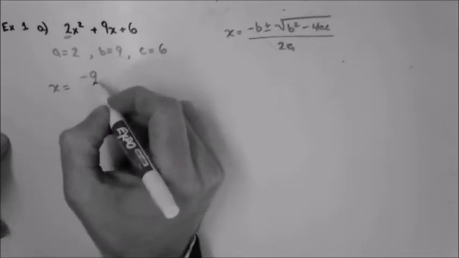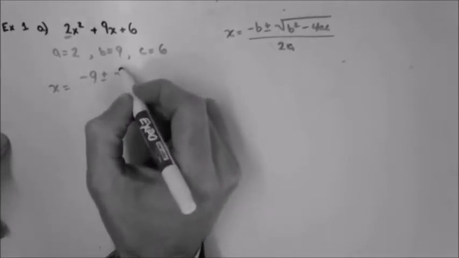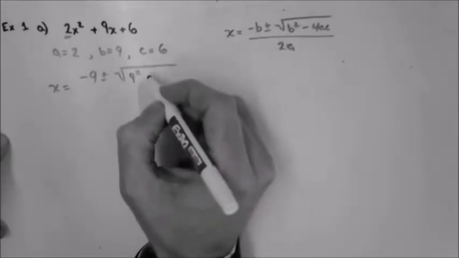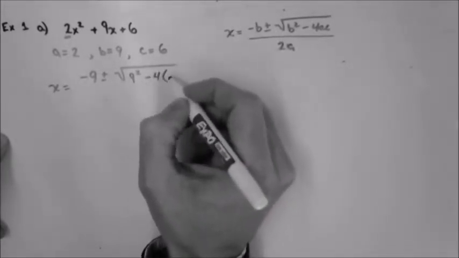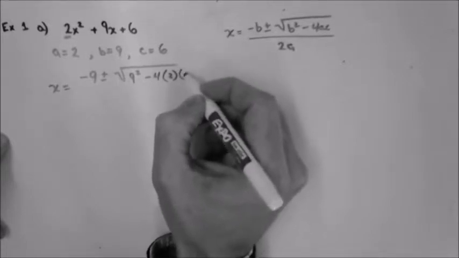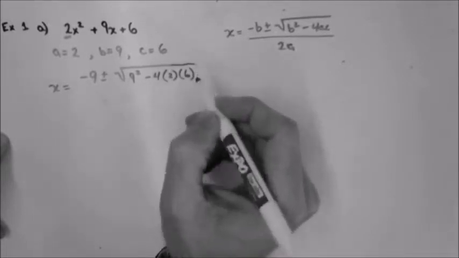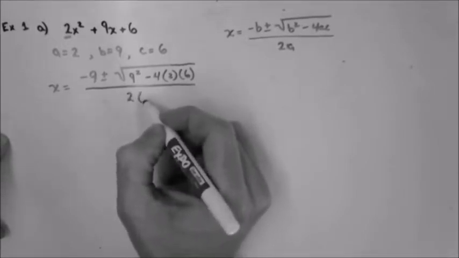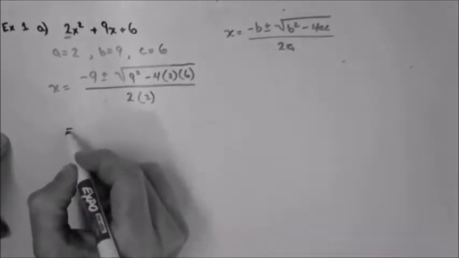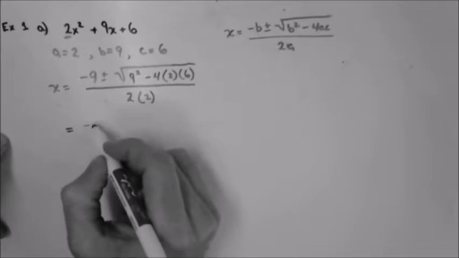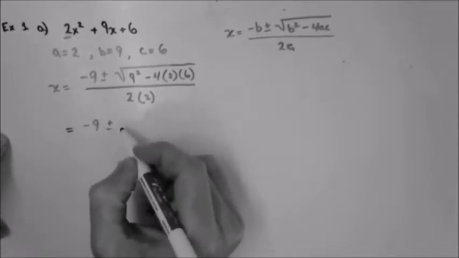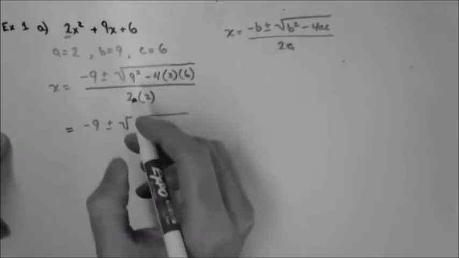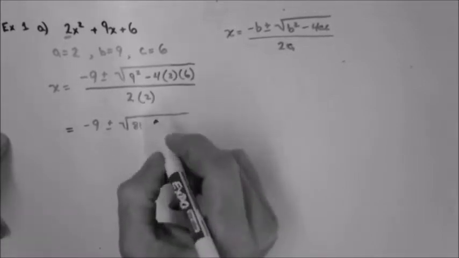Negative b is negative 9 plus or minus square root of b squared, which is 9 squared, minus 4 times a times c, which is 4 times 2 times 6. That's going to be all over 2 times 2. And now we're just carefully performing some math on this. I want to find out what's happening under the radical sign, under the square root sign. 9 squared is 81.